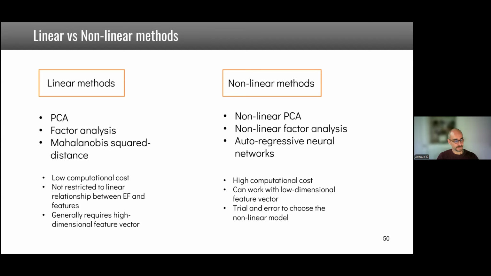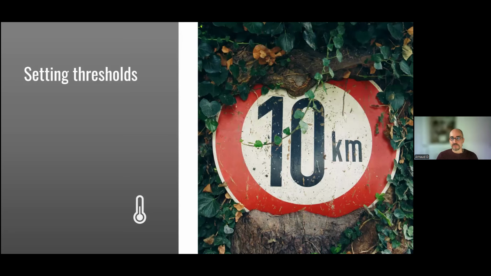Now, I want to finish this first part with something that I think is very important and not addressed enough in many papers and many analyses on SHM, which is setting thresholds. Because in the end, why are we worried about these environmental factors? It's about the setting of the thresholds, okay?